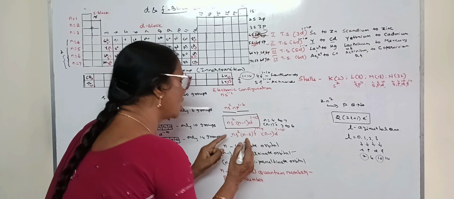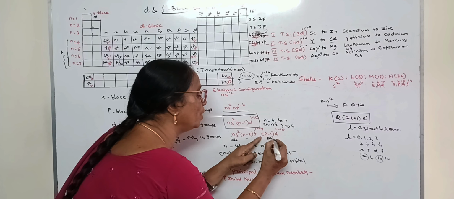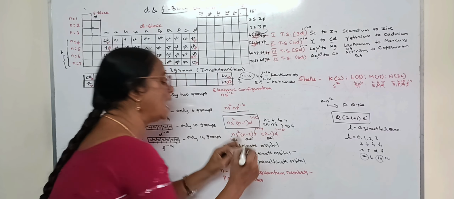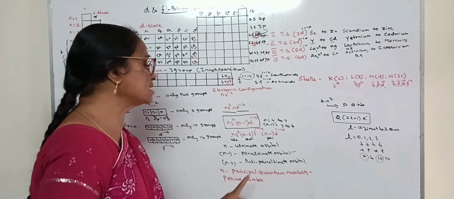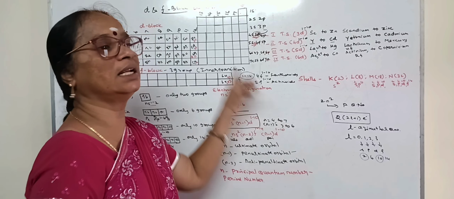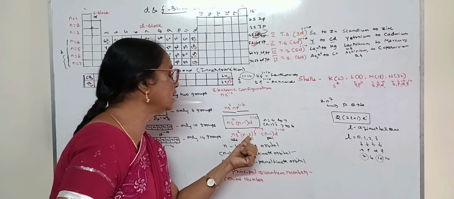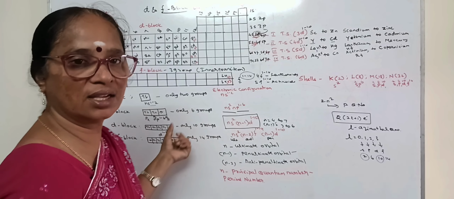The ns orbital is ultimate, n minus 1 is penultimate and n minus 2 is anti-penultimate. If the differentiating electron goes to the penultimate orbital, then it belongs to the D block. If the differentiating electron enters the anti-penultimate orbital, then it makes the F block.